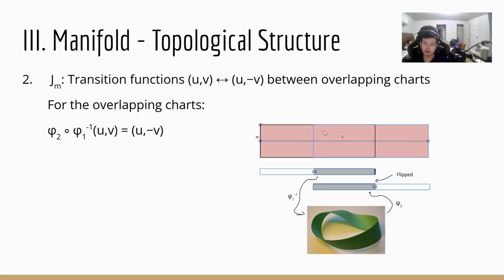So for example, this point on this map is also the same as this point on the other map. This means that the points in the shaded regions of each chart correspond to the same areas on the second chart.